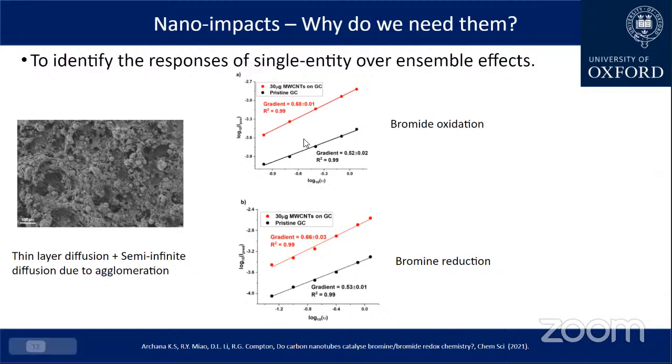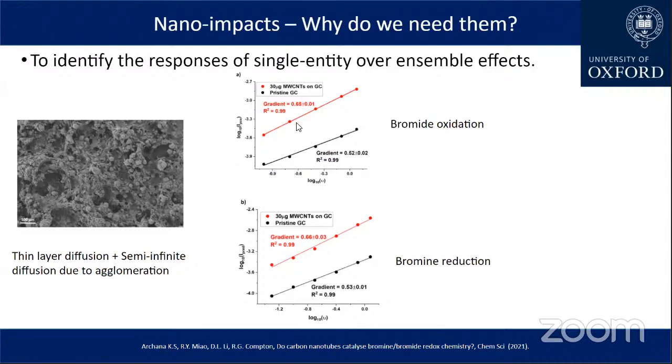And to identify if there are two different diffusions happening, which are thin layer diffusion and semi-infinite diffusion, we have a logarithmic plot of peak current versus scan rate, and the gradient value suggests if the diffusion is only semi-infinite or a mixed mass transport diffusion. If you get a gradient value of 0.5, then there is only semi-infinite diffusion happening.